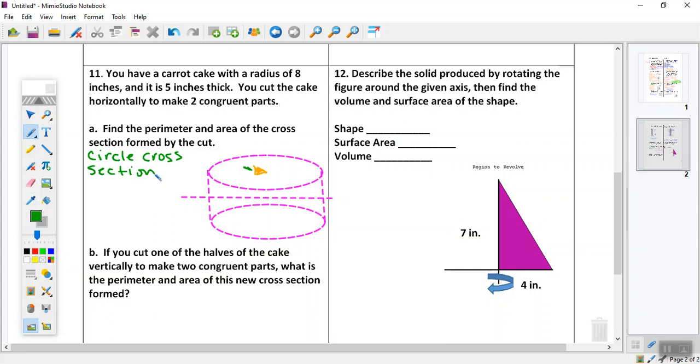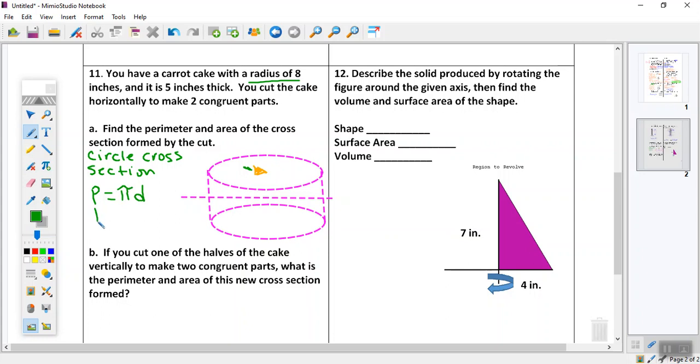They want the perimeter and the area. Wouldn't the perimeter just simply be a circumference? Wouldn't the circle, the perimeter around that just be a circumference? And that formula is found by taking pi times diameter. Kids, what would the diameter be in this situation then? 16, because right up here it said your radius was what?